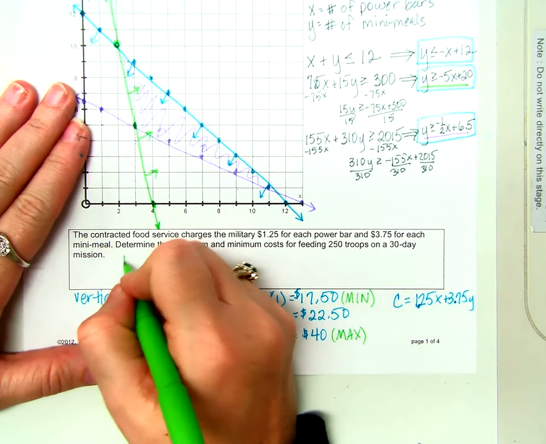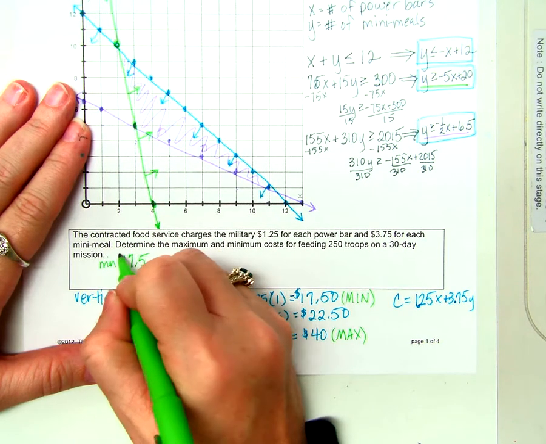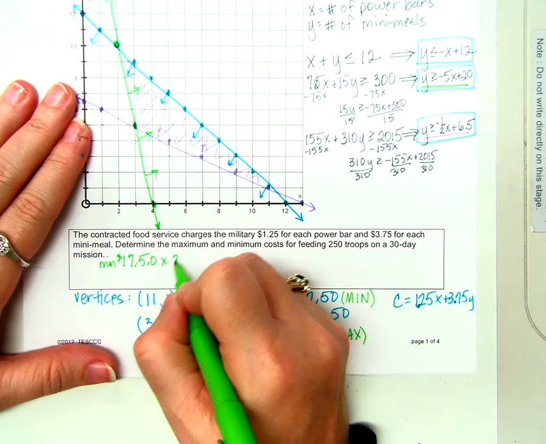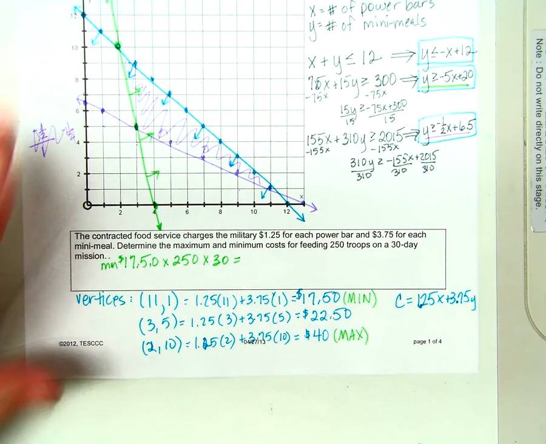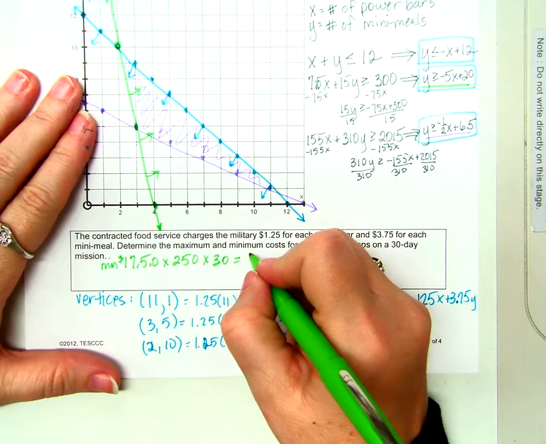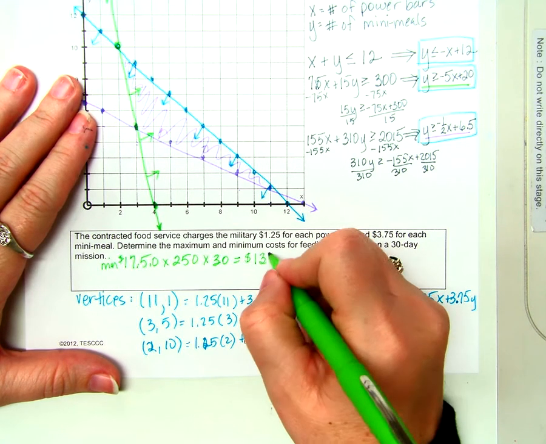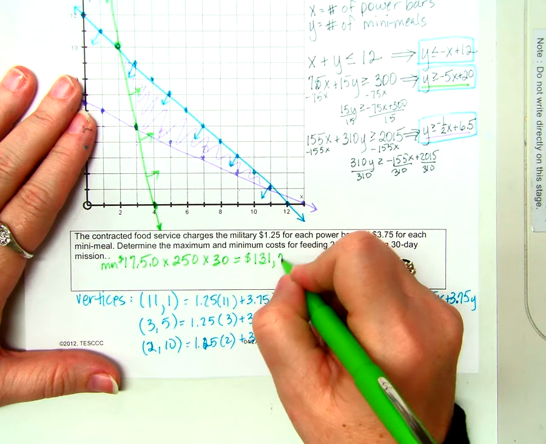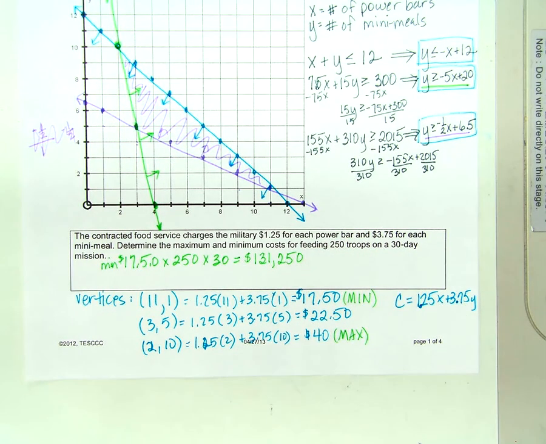So if I have 17.50 for the minimum, and I have that for 250 troops for 30 days, what am I going to end up with? 17.50 times 250 times 30. 131,250 dollars.